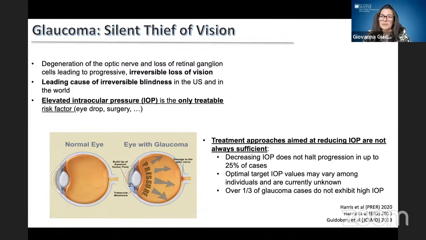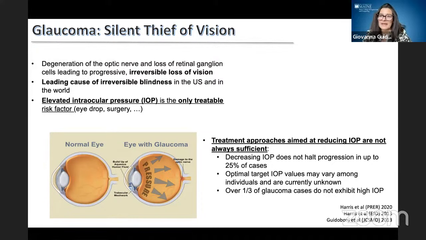Actually, it has been found that in more than 25% of cases where the IOP is decreased, this treatment, however, does not halt progression. Also, over one third of glaucoma cases do not really show elevated intraocular pressure. And by the way, when we say elevated, it means that implicitly we are assuming that we know what a good value is.